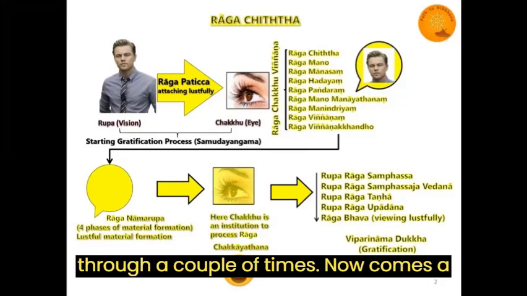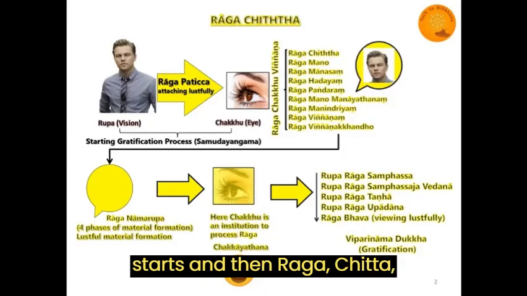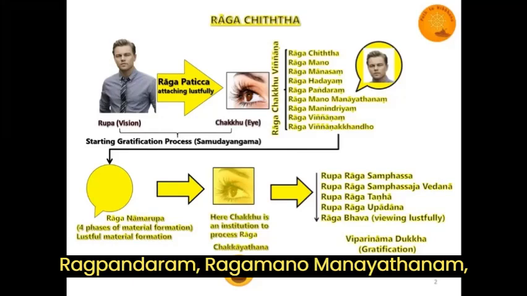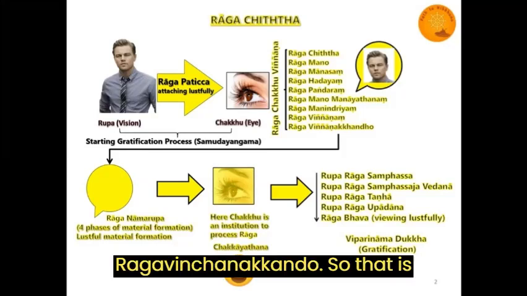Now comes a raga chitta with the avidya. So this starts with avidya, right? With the avidya it starts, and then raga chitta, raga mano, raga manasam, raga hadayam, raga pandaram, raga mano manayatana, raga manindriyan, raga vijnanam, raga vijnana kando.